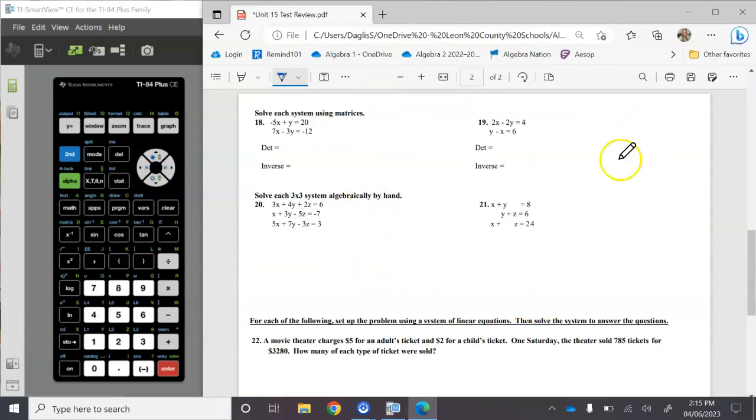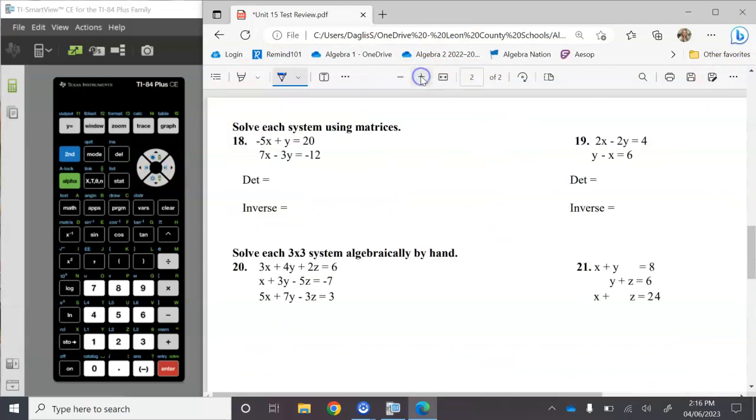Down here, finding determinants and inverses. Let me zoom in a little bit here. So number 18, we have a system. It wants me to find the determinant and find the inverse. Okay, so when I find the determinant, remember we have to make our matrices.